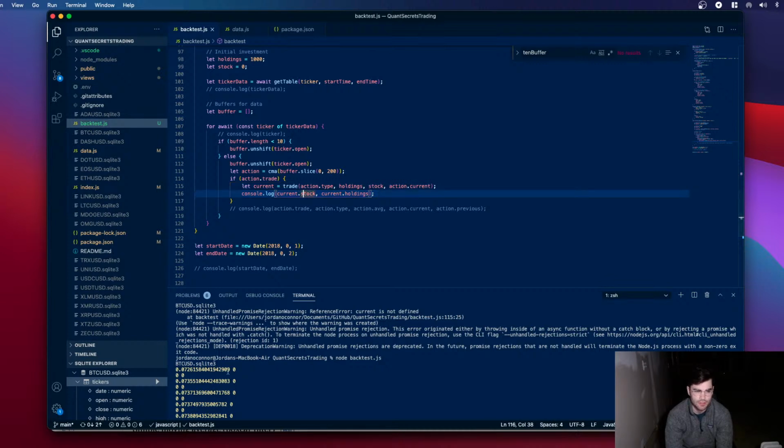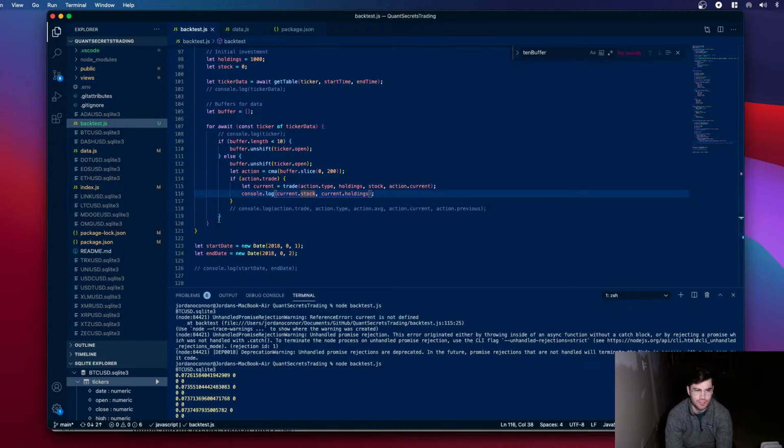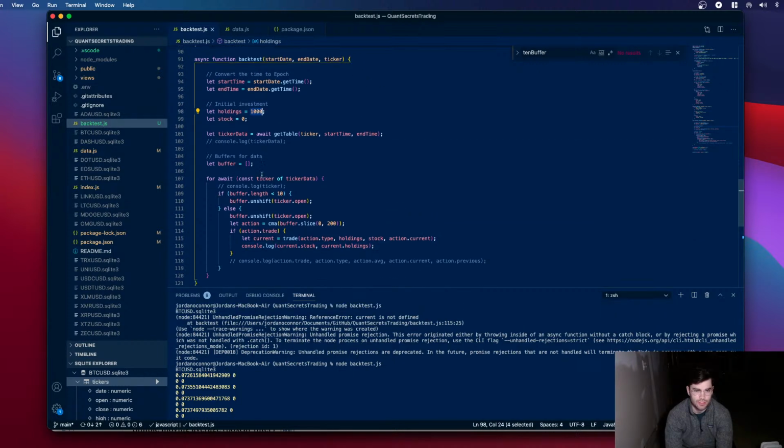Why is it 0, 0? Why is holdings always 0? Holdings started out as 1,000.